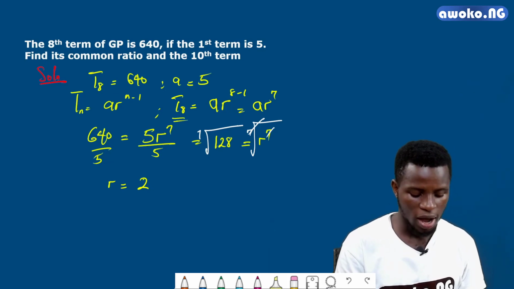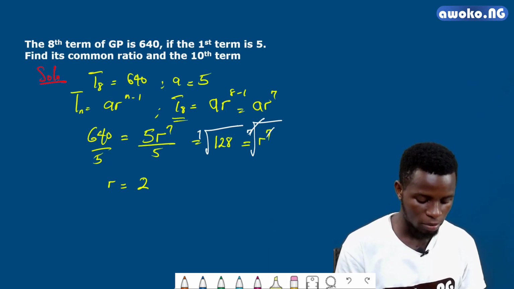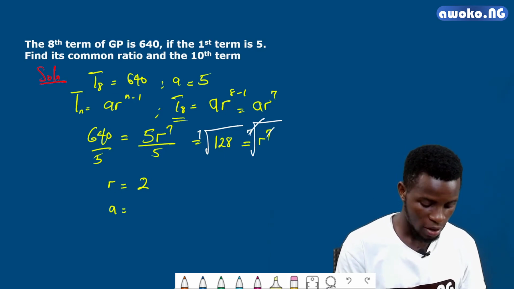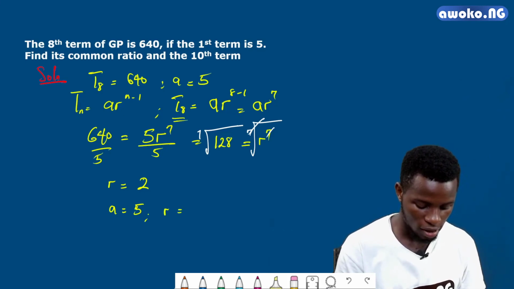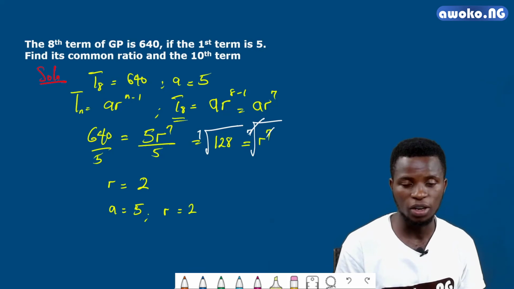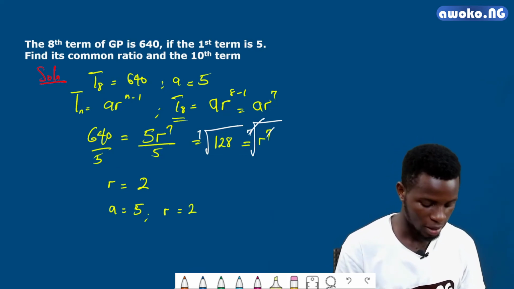Since a is equal to 5 and r is equal to 2, we can obtain the value for the 10th term.